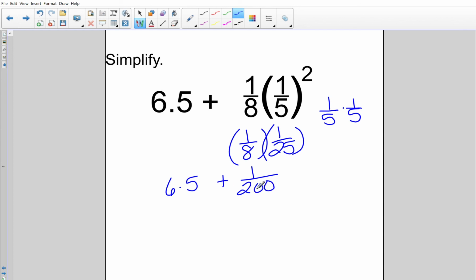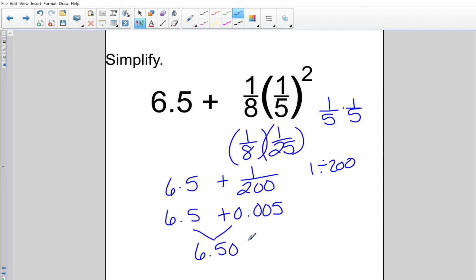Changing this over to a decimal is going to make it easier. So I'm going to make this 1 divided by 200, right? That gives me a 0.005. So this makes a pretty simple decimal to add together. So my final answer here would be 6.505.